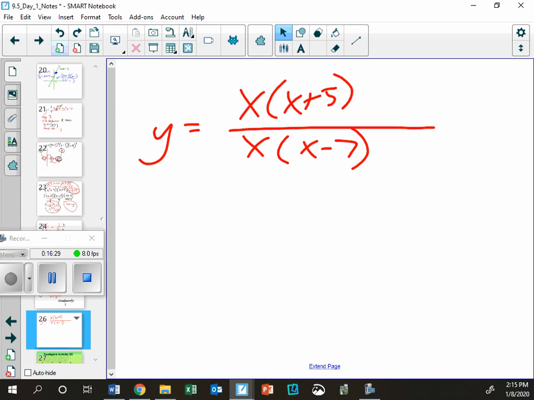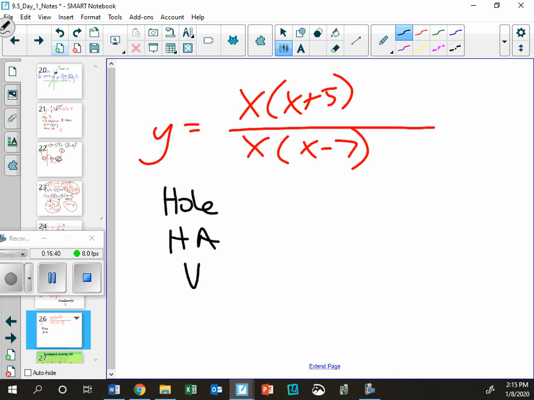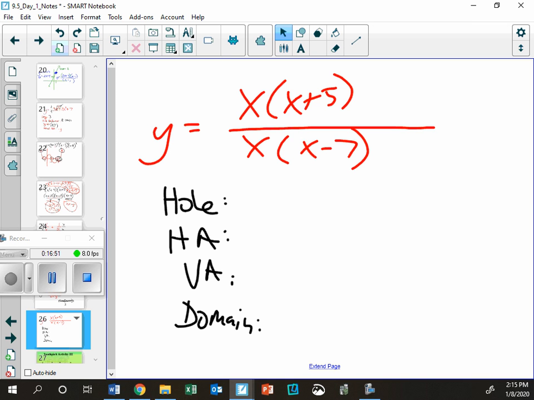Yes, it does. Where exactly is the hole? What is the horizontal and what is the vertical asymptote? And I think domain is not supposed to be hard, but it's actually a tough question for a lot of kids. So I just want to keep hitting you with domain. It's what can you safely feed this function?